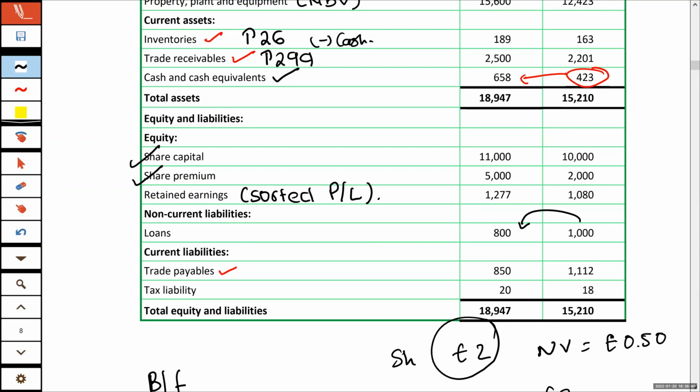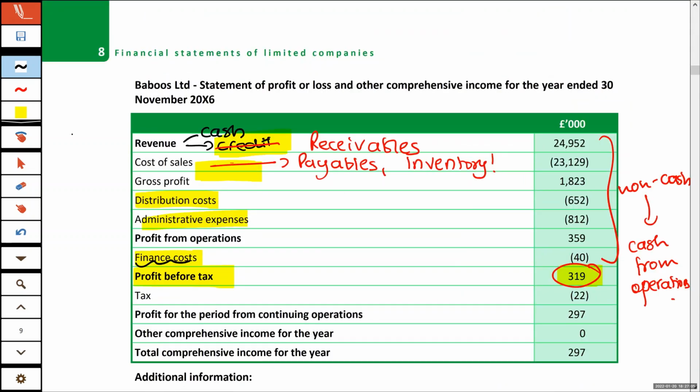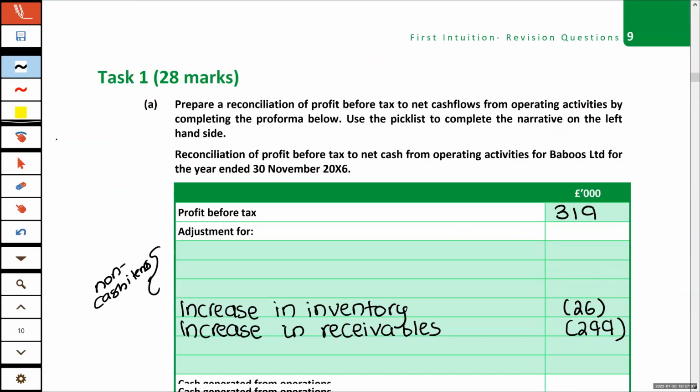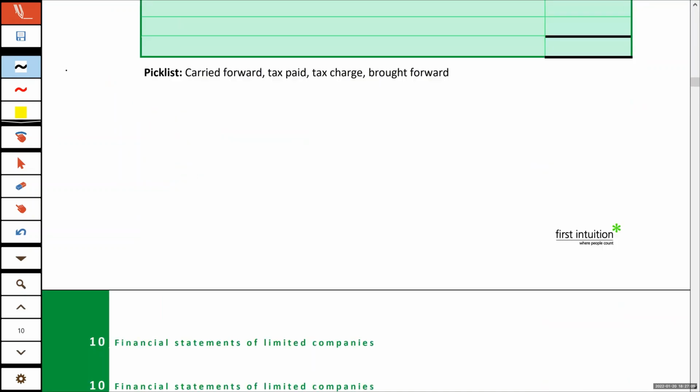Why is that loan reduced? What could be the possible reasons for loans reducing? Paid loan, exactly. You must have paid loan. That's why it must have fallen down. So that reduction in loan, remember, loans are how a business finances its operations.